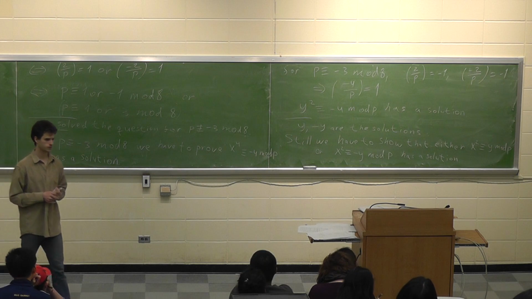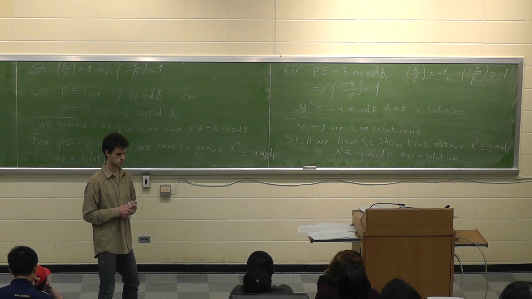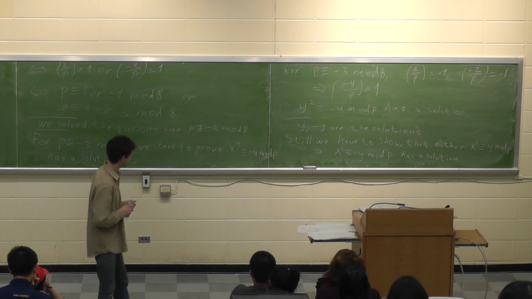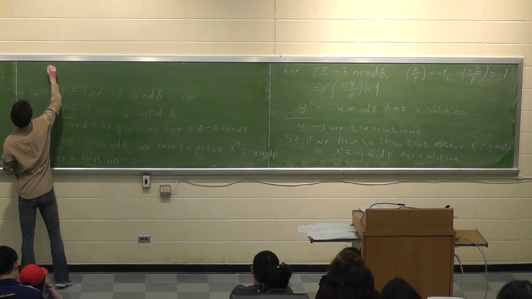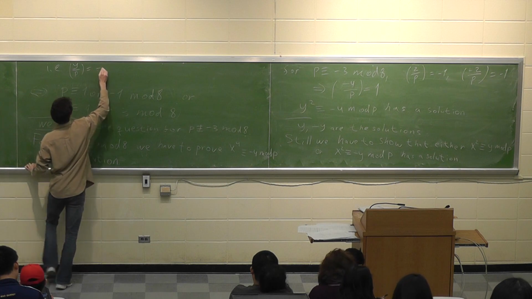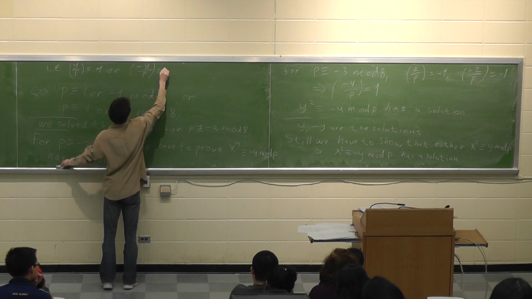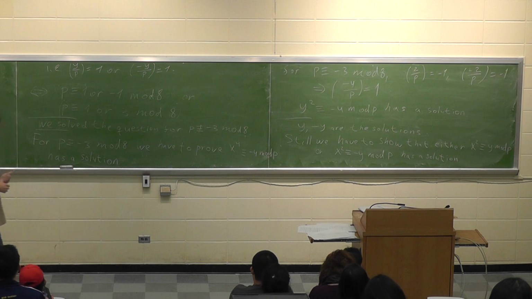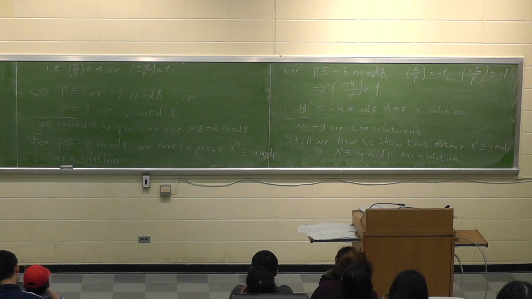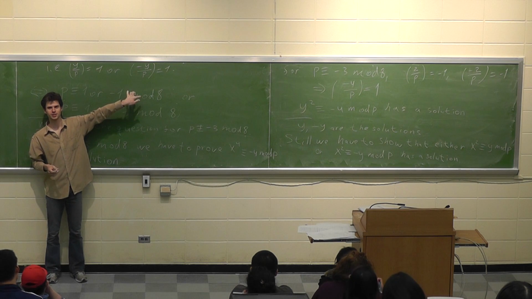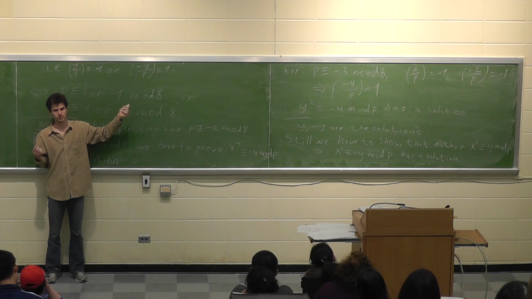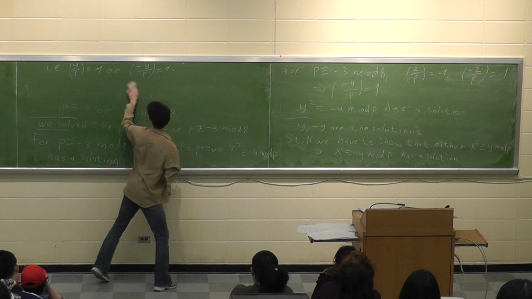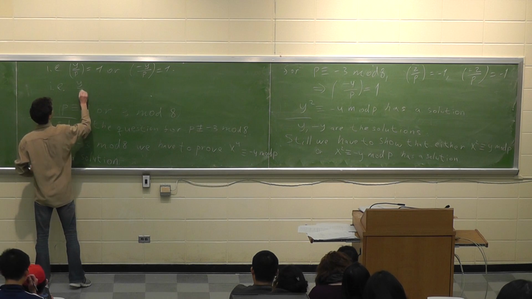This condition is the same, because minus y over p is minus 1 over p times y over p, and this prime is congruent to 1 modulo 4, so minus 1 over p is equal to 1.